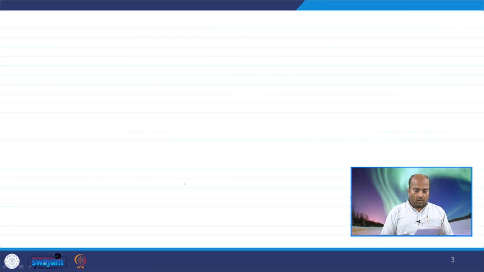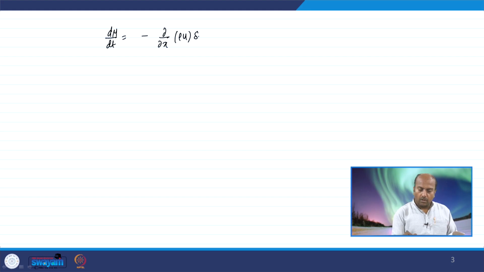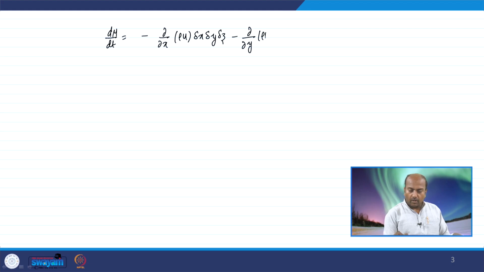So, the rate of change of mass inside the control volume with respect to time, dm by dt, simply becomes minus dou by dou x of rho u delta x delta y delta z, minus dou by dou y of rho v delta x delta y delta z, minus dou by dou z of rho w delta x delta y delta z.